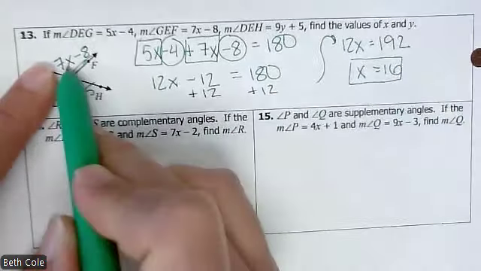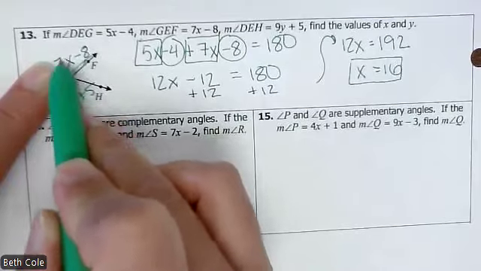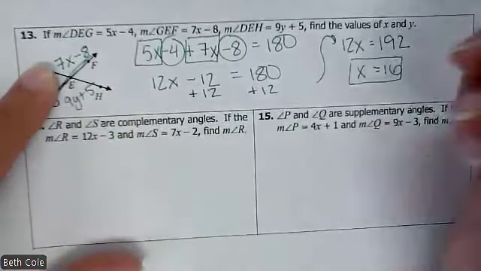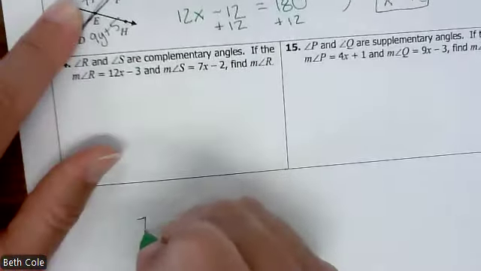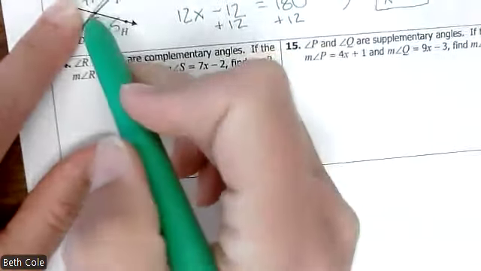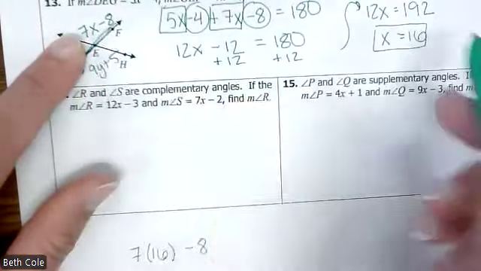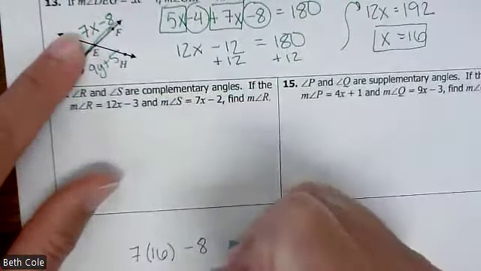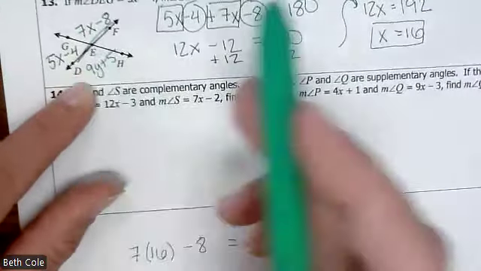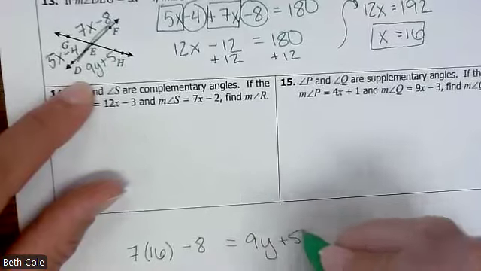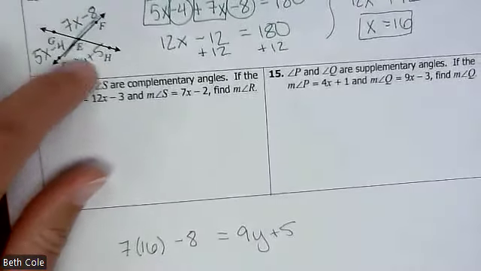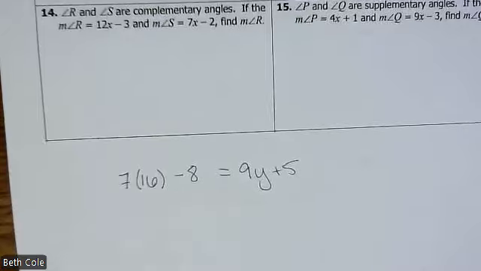So we're going to take this 16 and plug it back in for x for this one. I'm going to have to come down here, I ran out of space. 7 times 16 minus 8. I plugged the 16 back in, and I'm going to set that equal to 9y plus 5. Again, vertical angles, they're across from each other, they're congruent.